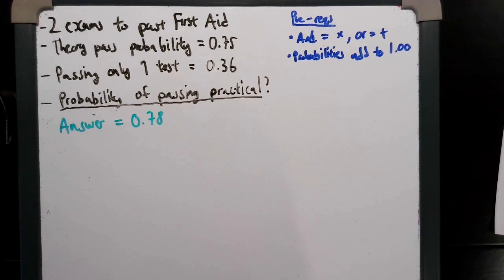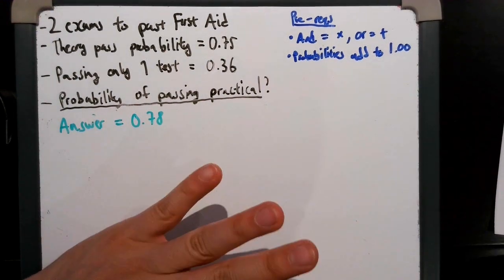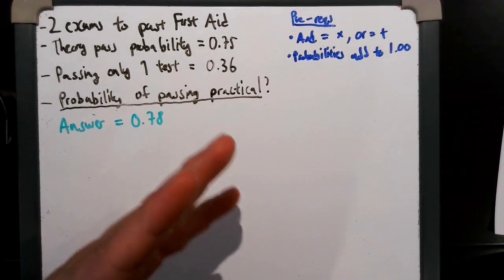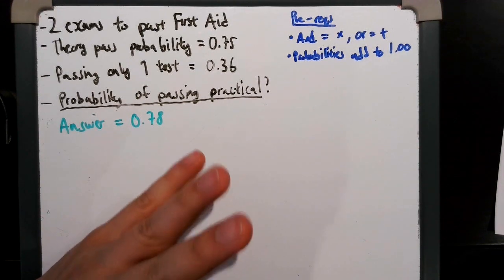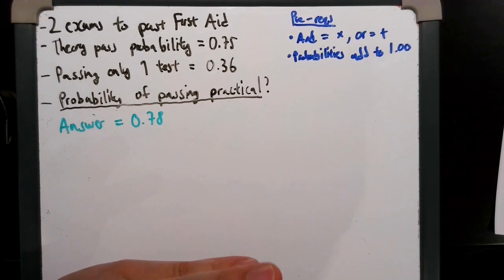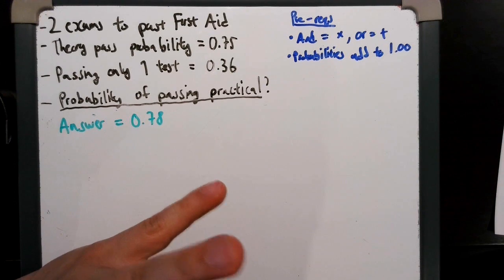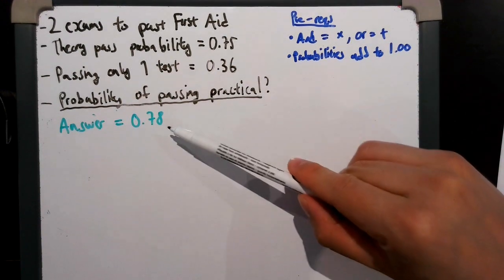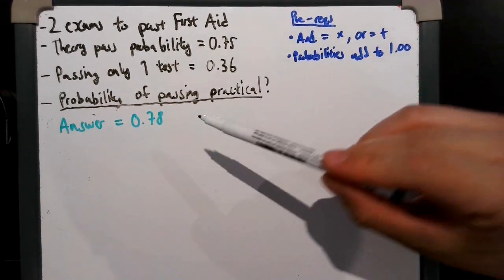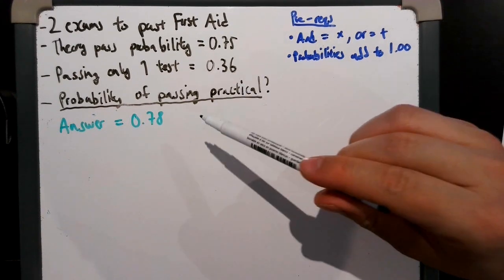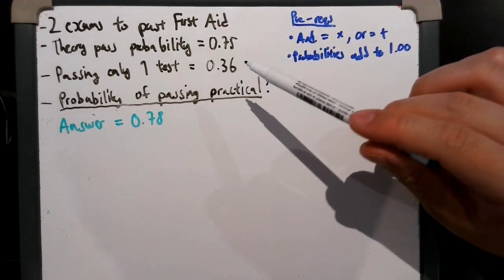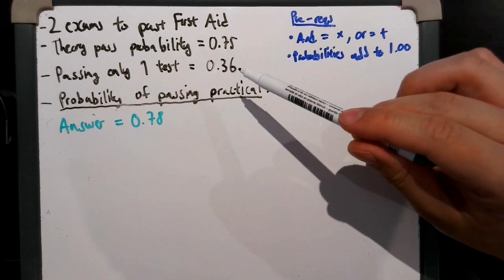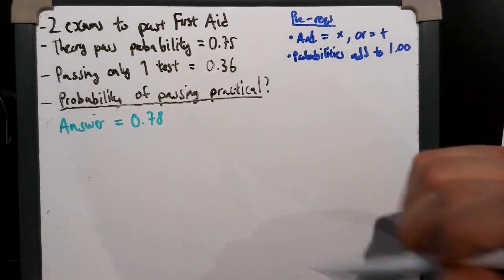Okay, this bit isn't necessary for the exam, but it's just to give us proof of concept, and maybe in the real exam, had you enough time at the end, you can check. This is something you can do to check, but this really isn't necessary. It's just a bit of extra proof to make sure we've done everything right. We've got our answer of 0.78 as the probability of passing the practical, and the probability of passing only one test is 0.36.